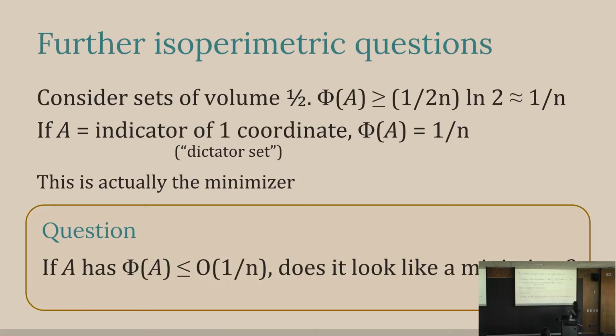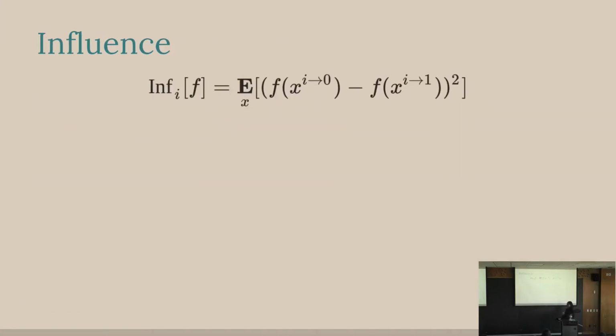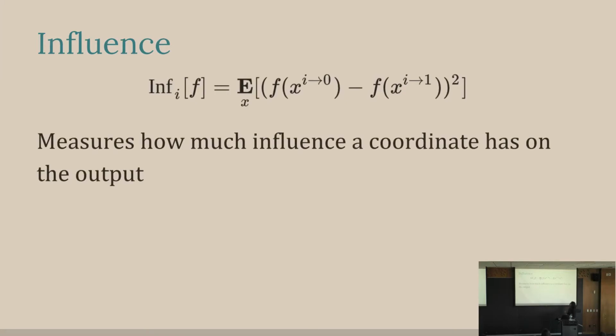And yeah, we have to define what it actually means to look like a dictator set. To do that, we define this notion of influence, which measures how much influence changing one coordinate has on the output.